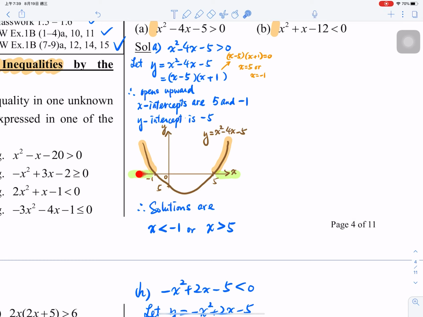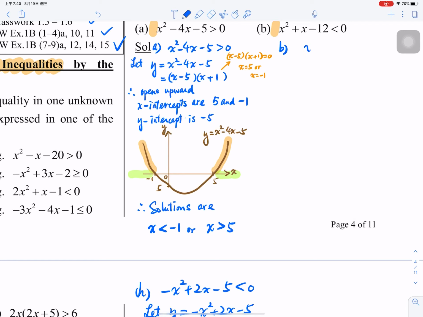Or, because either one of the inequalities also are the answers, are the solutions, okay? That's great. We just studied inequality with greater than 0. And part B, smaller than 0. Let's have a look.